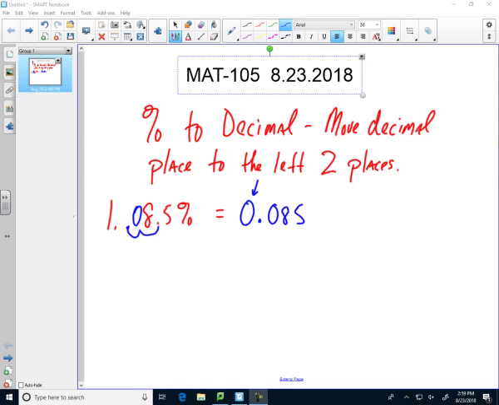I bet I could figure this out mathematically if I just tried hard enough. But on the left we've got 8.5%, and then on the right we've just got a number, don't we? Well, where'd the percent sign go? If I thought about that long enough, I could probably prove to you where it went. But for all practical purposes, it just goes away.